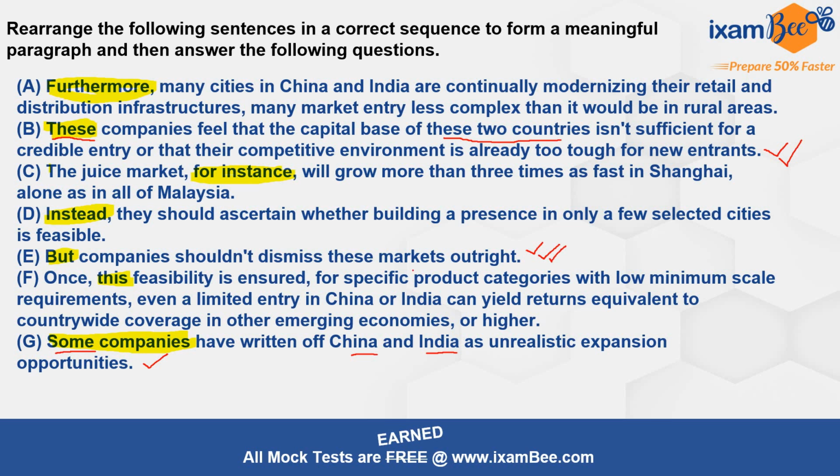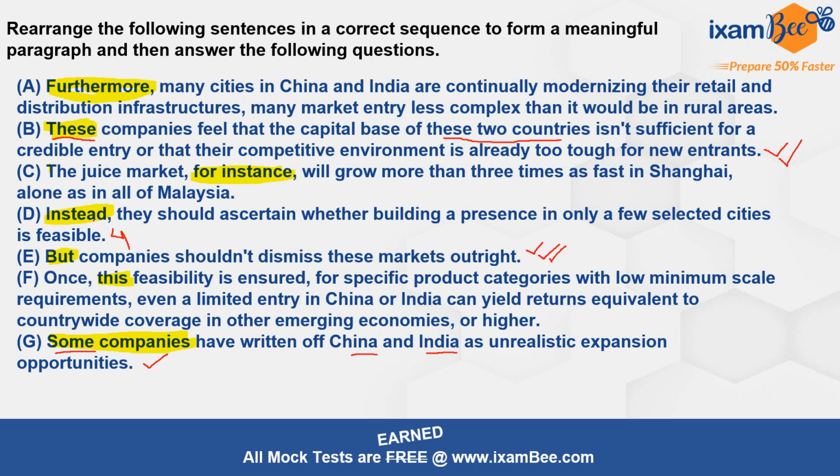But companies shouldn't dismiss these markets outright. Then what should they do instead? Instead, they should ascertain whether building a presence in only a few selected cities is feasible. So this has to be your fourth sentence, right?